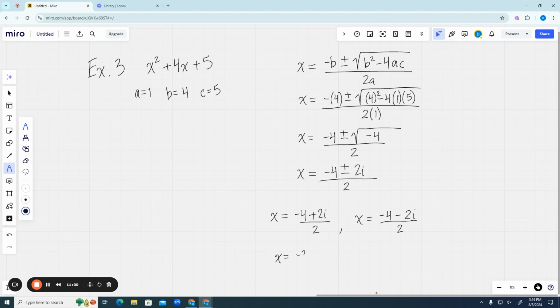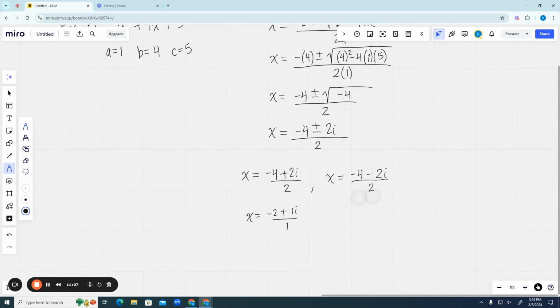So this will be negative 2 plus 1i over 1, which is just going to be negative 2 plus i. And this one will simplify also with 2's. It'll be negative 2 minus i over 1. So we'll have negative 2 minus i. And that's my answer for this one.